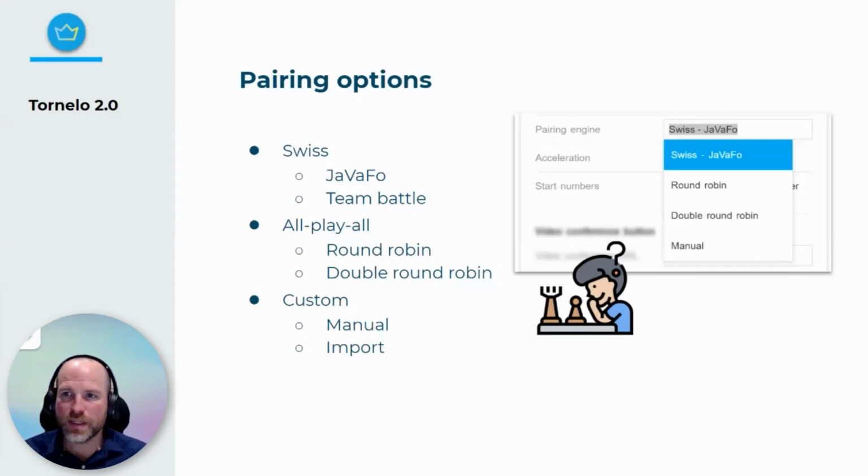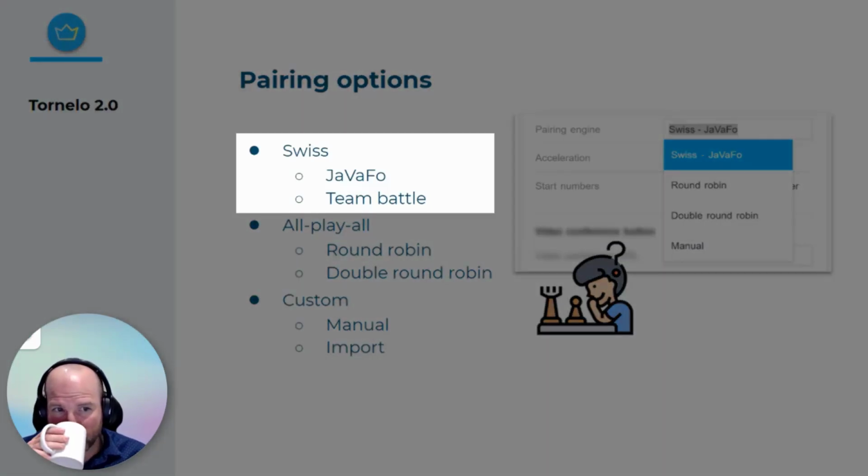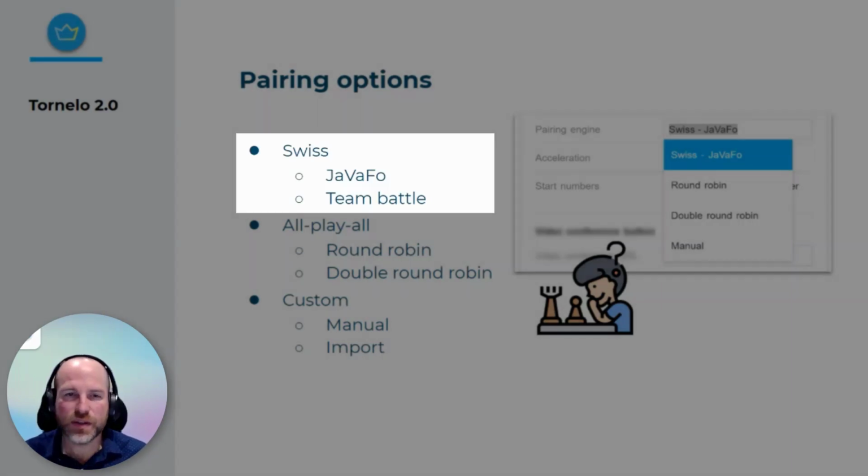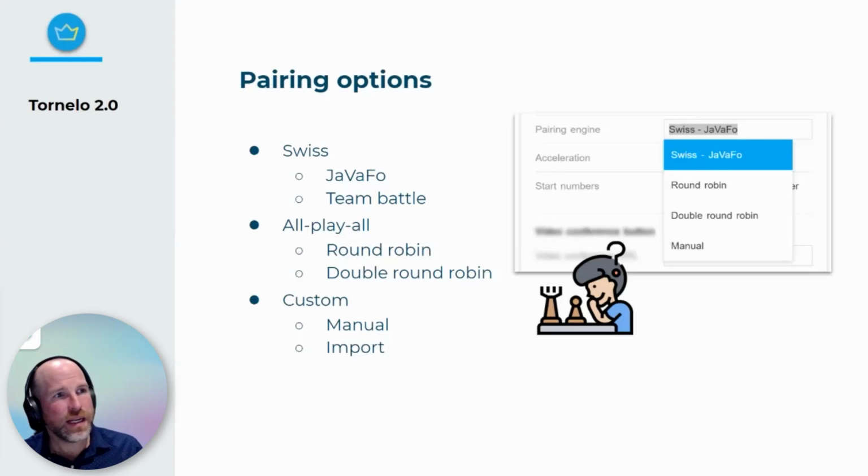So when you get to the pairings engine settings, you can choose Swiss tournament, which would be using the JavaFo pairings engine. And JavaFo is the same pairings engine that's used in 80% of the FIDE approved pairings programs. So it will generate exactly the same pairings every single time.